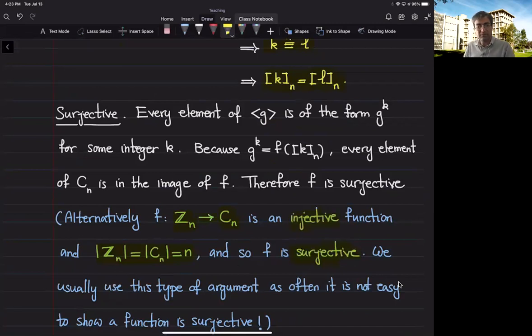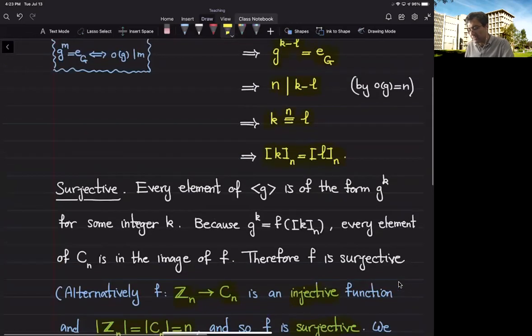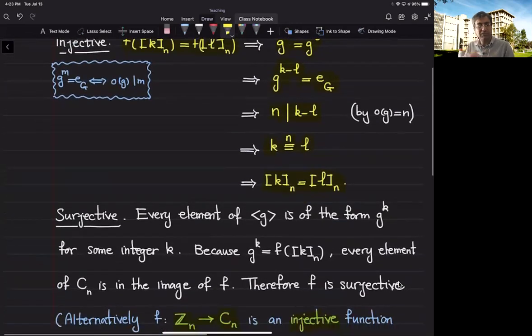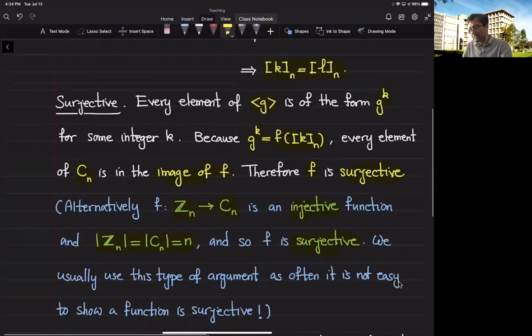So this is one way of saying it. Of course, in this case, we can also check it directly, because every element of the cyclic group generated by g is of the form g raised to the power k, and g to the power k is f of the residue class of k modulo n, and therefore every element of the cyclic group generated by g, C sub n, is in the image of f, and so f is surjective. This is a direct way, and here is the indirect way.